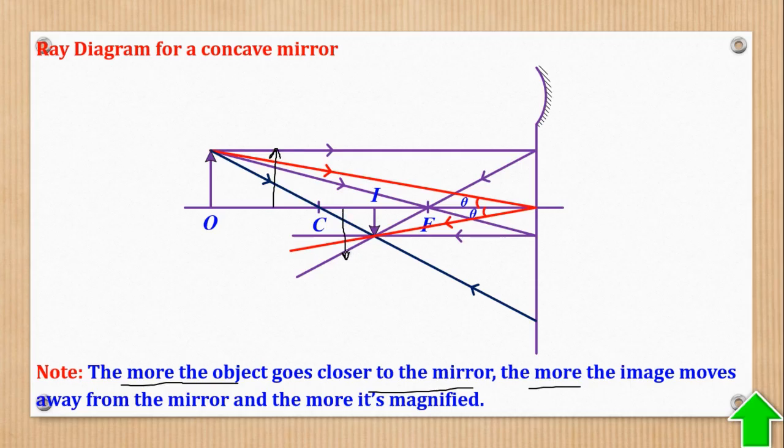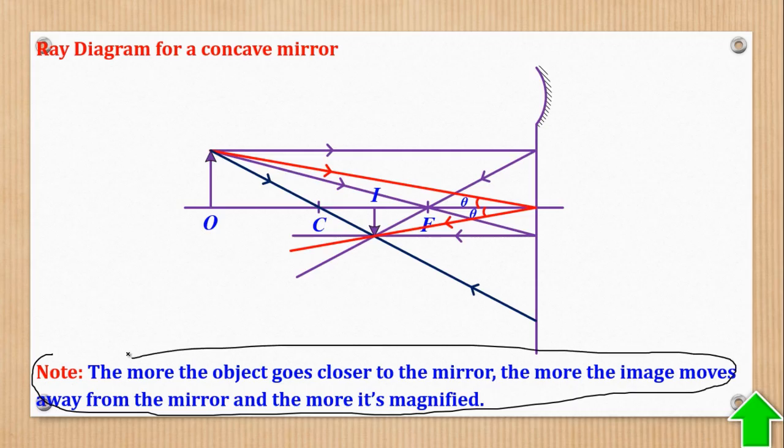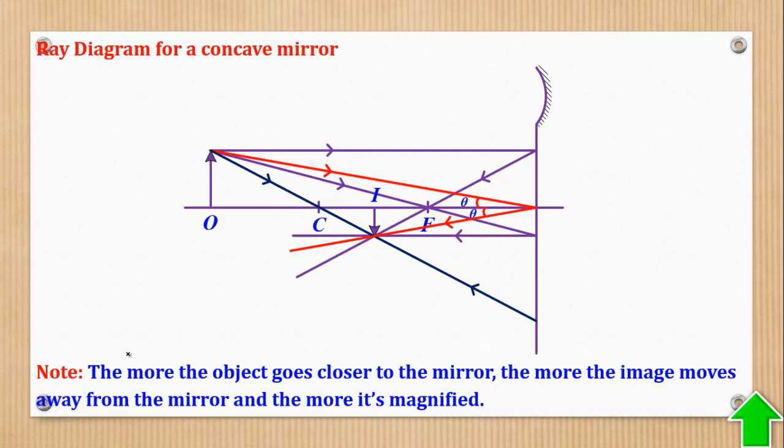Magnified means increase in size, height, and distance from the mirror. So this one you shall see when it is applied in calculations. But I just wanted you to have it in mind, so that when I talk about it during the calculations, you can easily recall it.